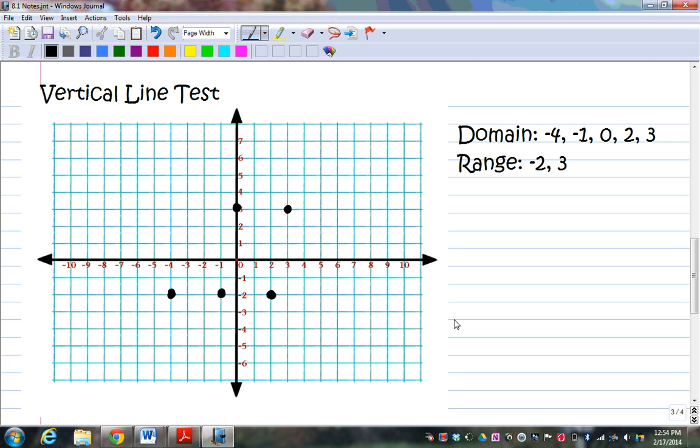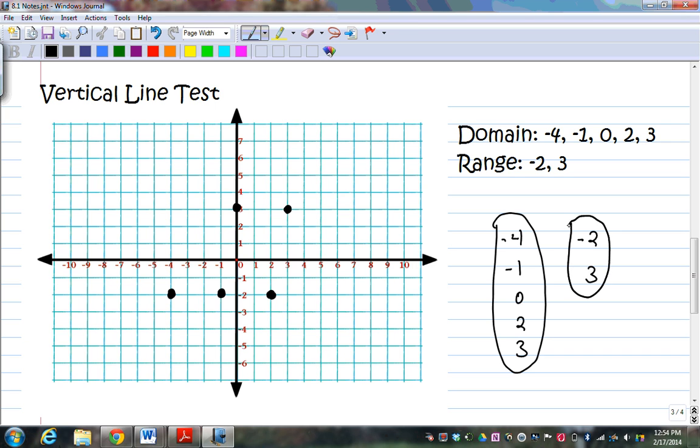Now, what we've done before is our mapping. So let me do the mapping real quick. I have -4, -1, 0, 2, 3, and then I have -2, and I have 3. And I'll circle them. Again, not sure exactly why. And then when you look at the points, -4 goes to -2.